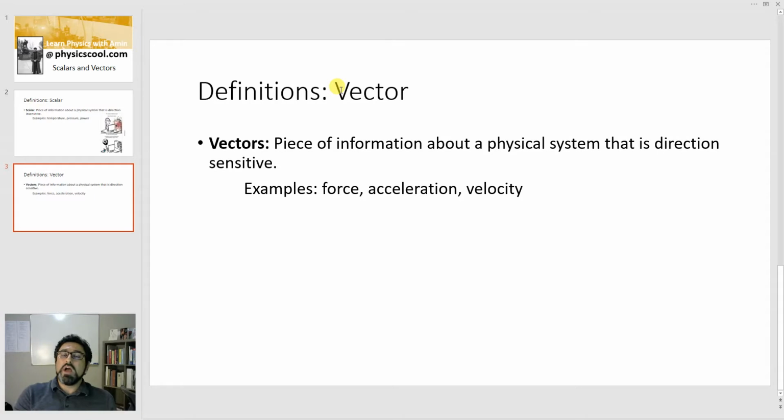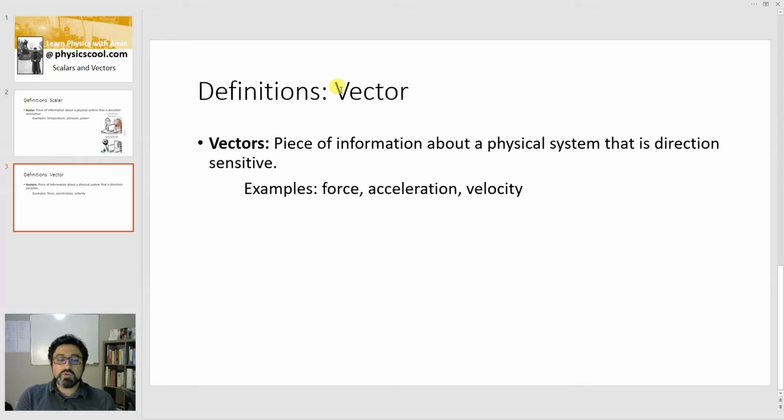When you press the gas pedal in your car, you feel a force on your back, and you feel some acceleration. And the direction of the acceleration is basically the direction in which the car is going. And the same is true about velocity, right?